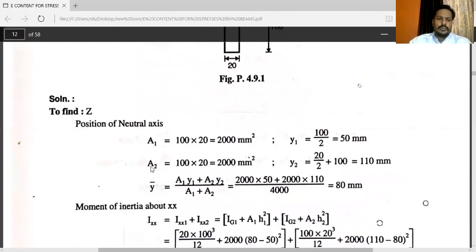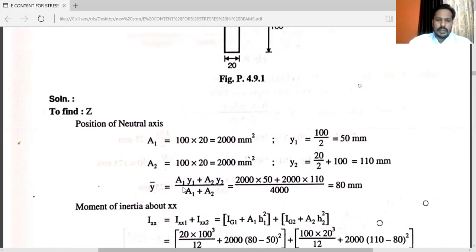Now we have the values of area 1, area 2, Y1 and Y2. We can calculate y bar by using the formula A1 into Y1 plus A2 into Y2 upon A1 plus A2, is equal to 2000 into 50 plus 2000 into 110 upon 4000, is equal to 80 mm.